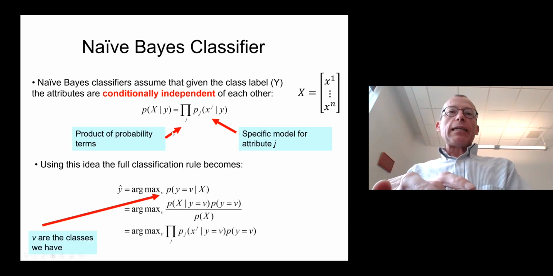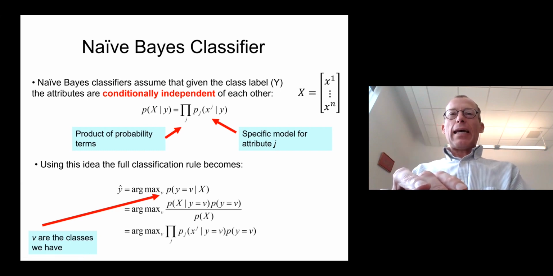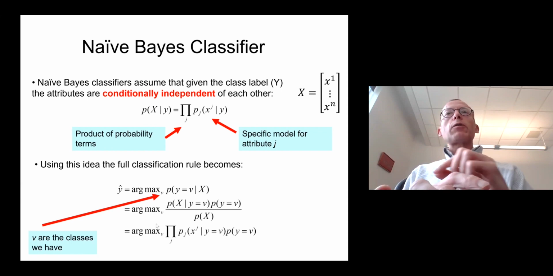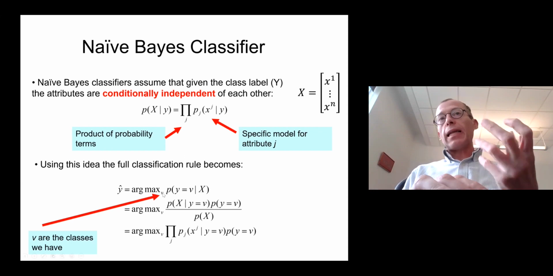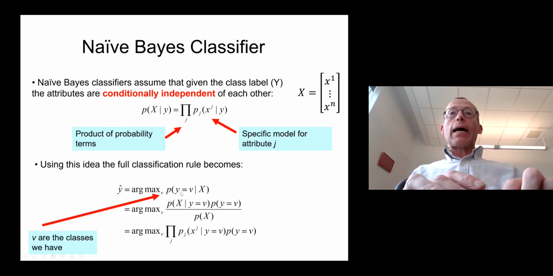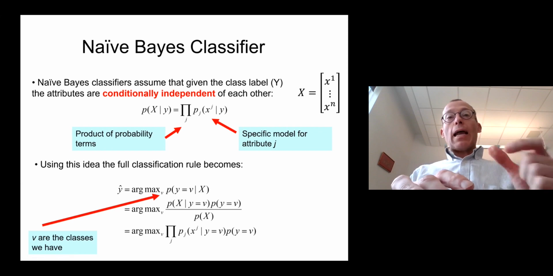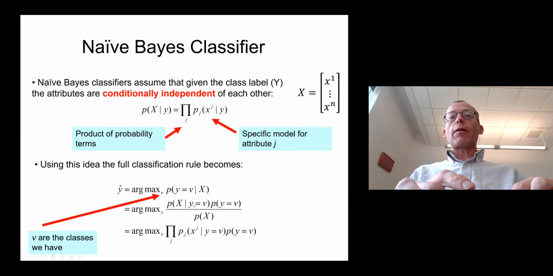Okay, once we believe this, then we can use Bayes rule, by taking the argmax over Y. Y is the label of the class given the input that we have, and because we use Bayes rule, we can say this is P of X given Y times P of Y divided by P of X, and because P of X is the same for both classes and we are taking the argmax, basically this becomes the product of P of Xj given Y, which is the joint, right, factored into the individual components, times the probability of Y. Okay, so again, this is what we did when we talked about Bayes rule.